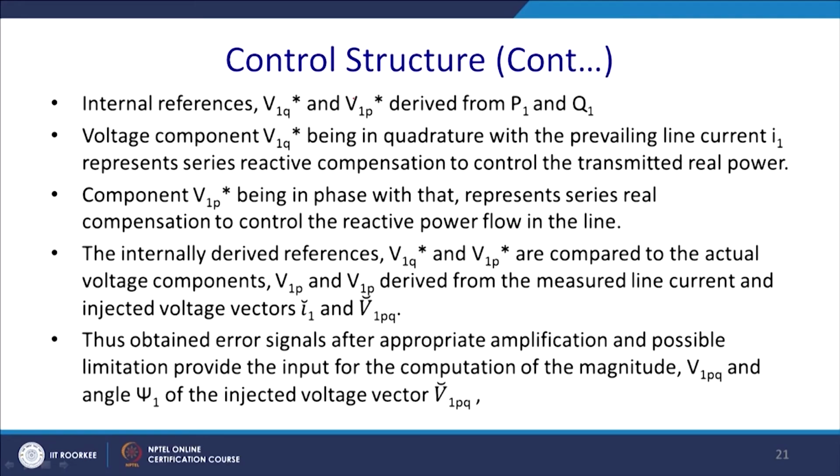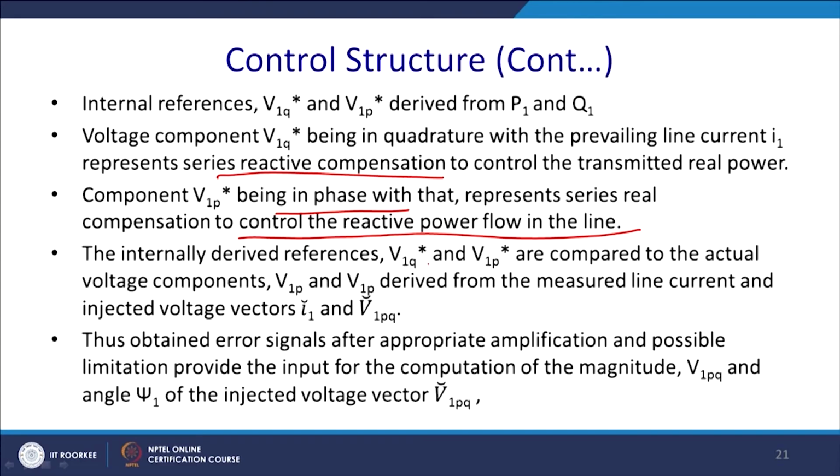The component V1Q being in quadrature with the prevailing line current I1 represents the reactive compensation to control the transmitted real power. The component V1P, in phase with it, represents the series real power compensation to control the reactive power flow of the line. So, it is a cross relationship.